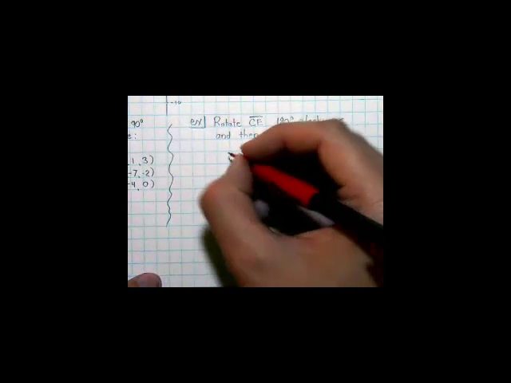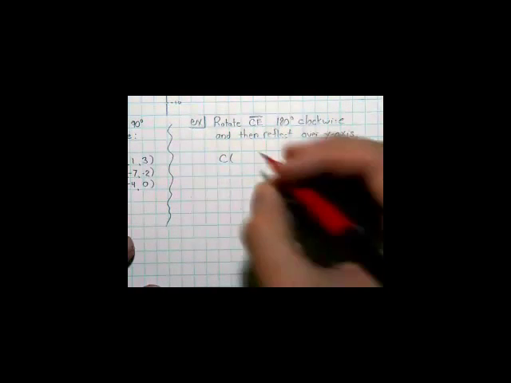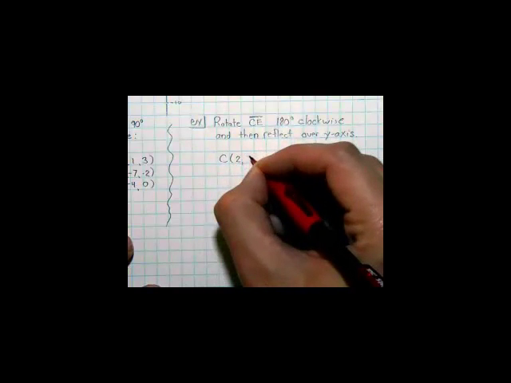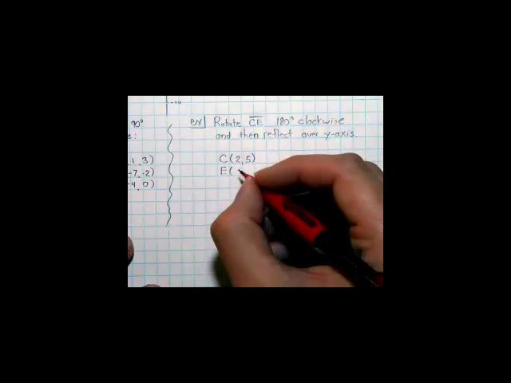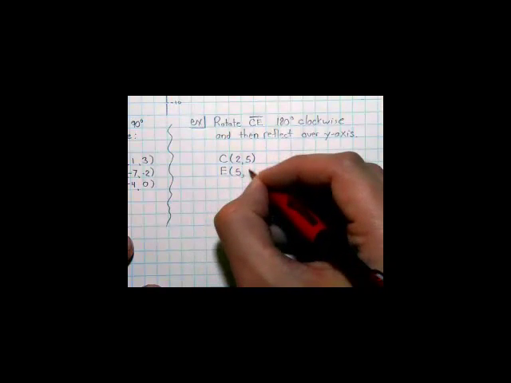Okay, and here are your coordinates. C is going to be the point 2, 5, and E is going to be the point 5, 8.